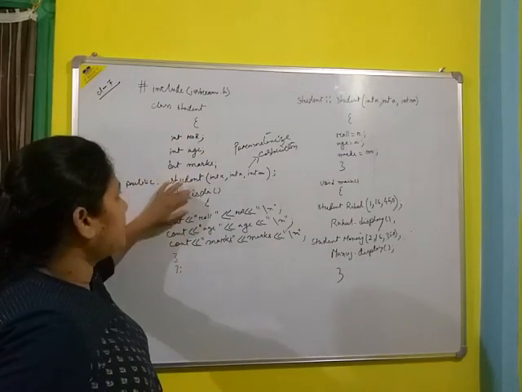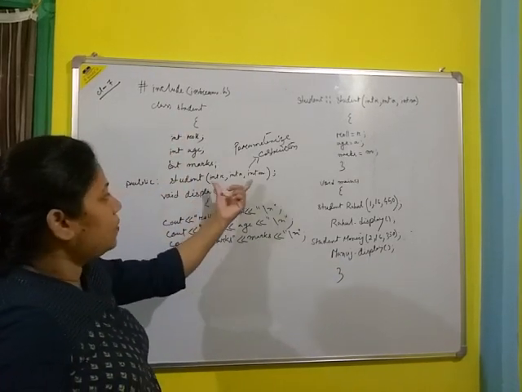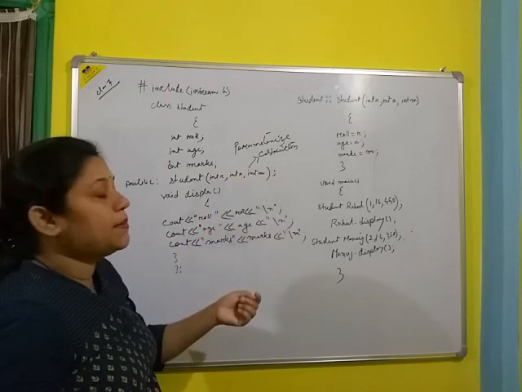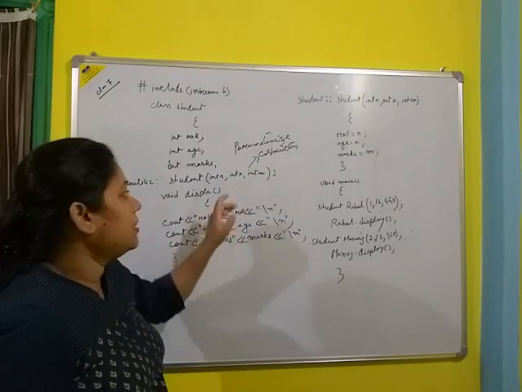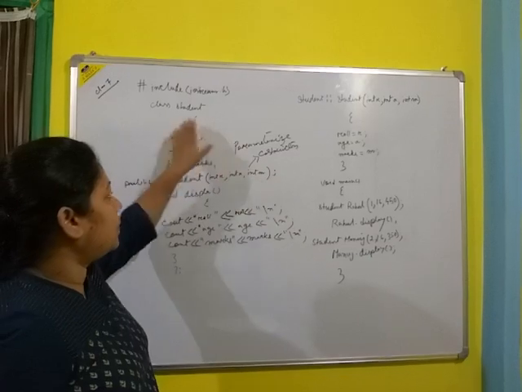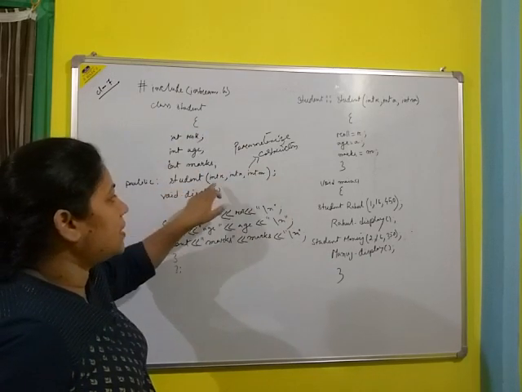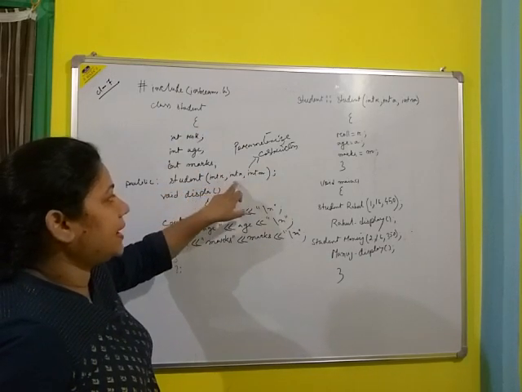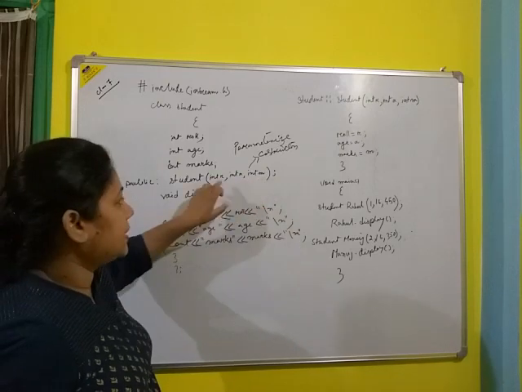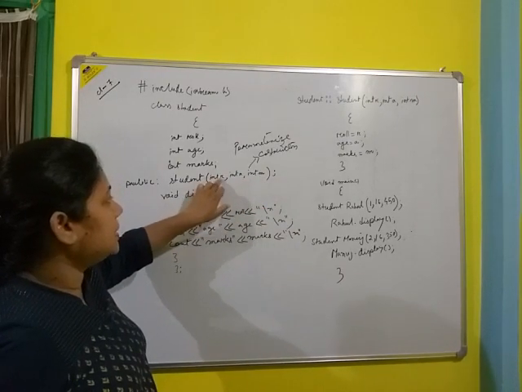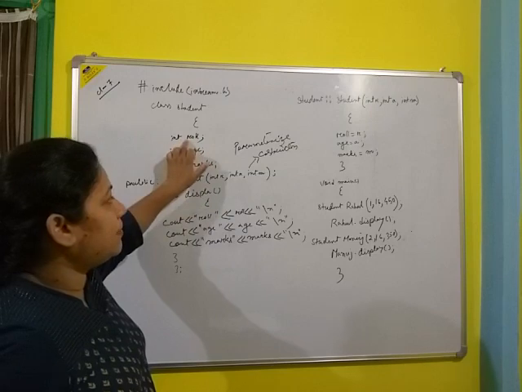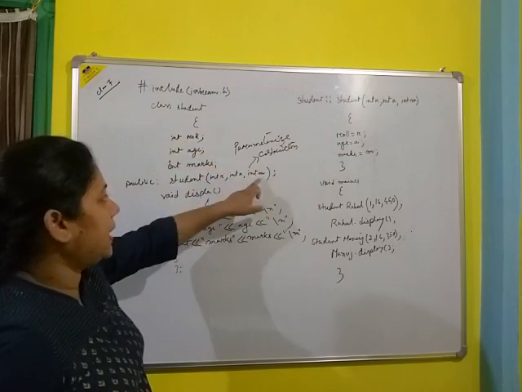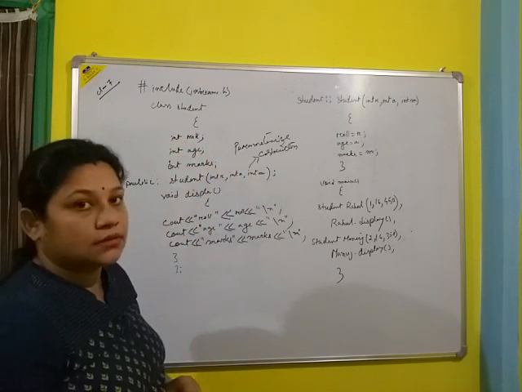Because at the time of declaration of the constructor, within the braces I declare some parameters: integer r, integer a and integer m. Actually the r parameter is used for the roll number, a for the age, m for the marks.